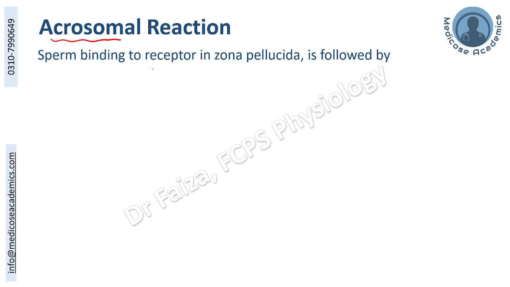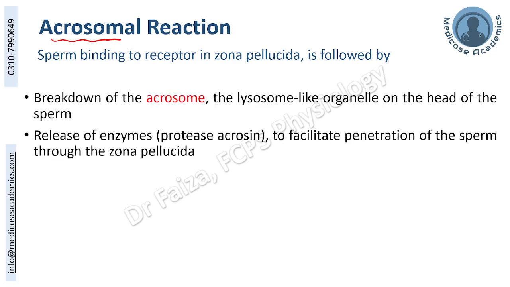So what is this acrosomal reaction and why are we emphasizing it again and again? The sperm binding to the receptor ZP3 in the zona pellucida is followed by this acrosomal reaction, which is particularly the breakdown of the acrosome, the lysosome-like organelle on the head of the sperm. This is the head of the sperm. It has a nuclear content, and here you could appreciate the accumulation of acrosomal granules, which resemble lysosomes.